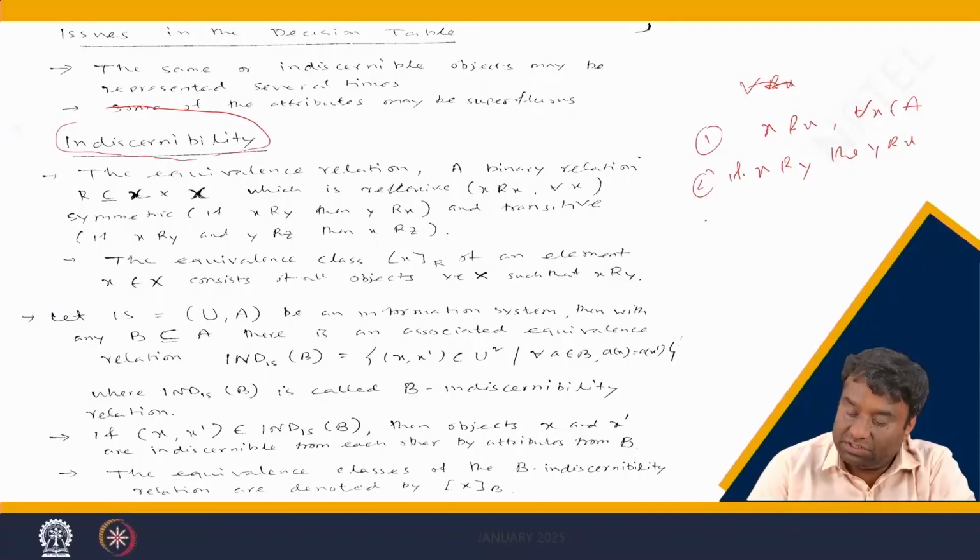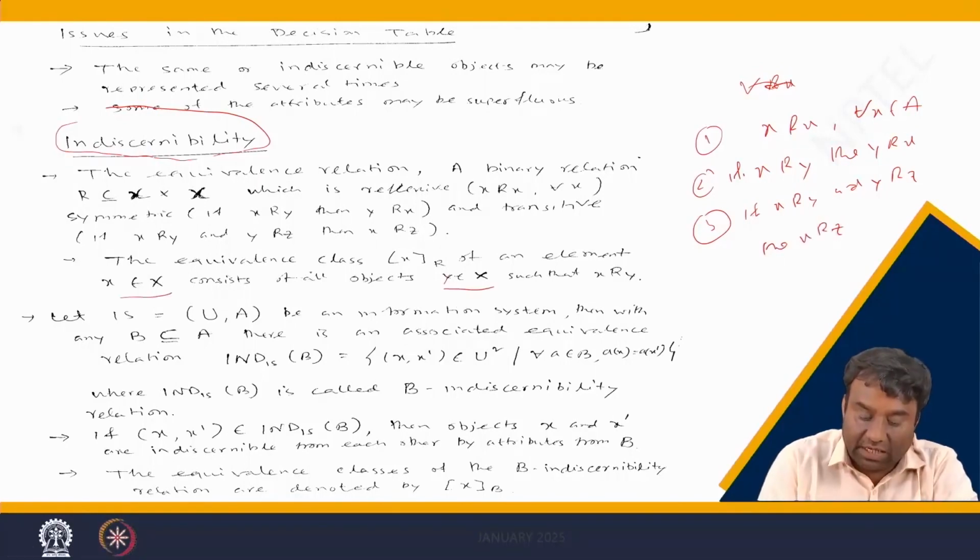Transitive means that if x is related to y and y is related to z, then x must be related to z. The equivalence class of an element x belonging to X consists of all objects y belonging to X such that this relation holds.